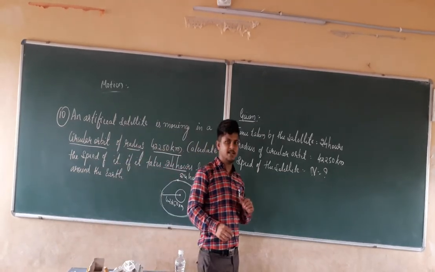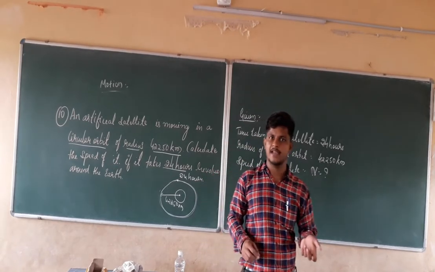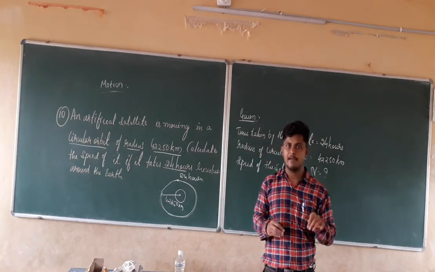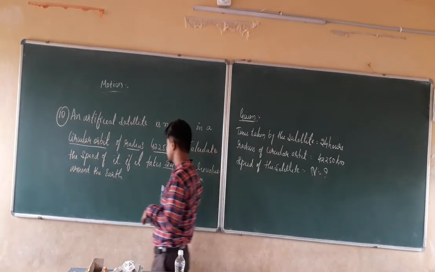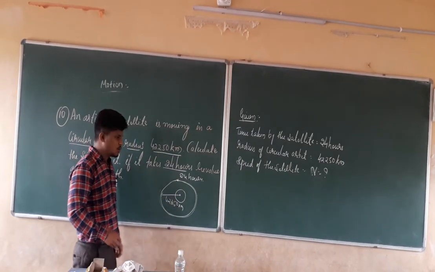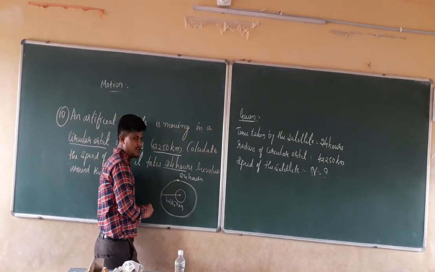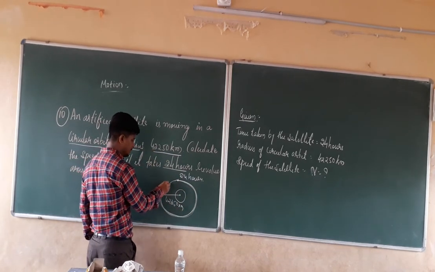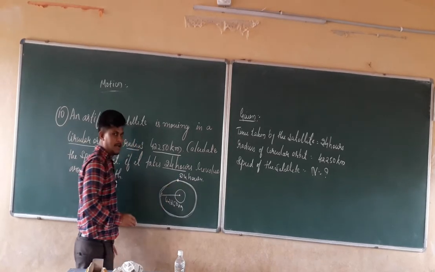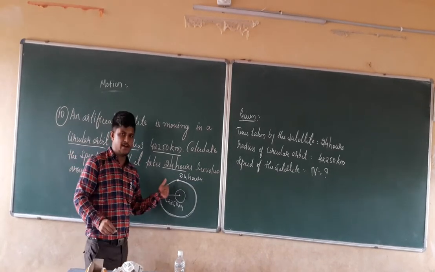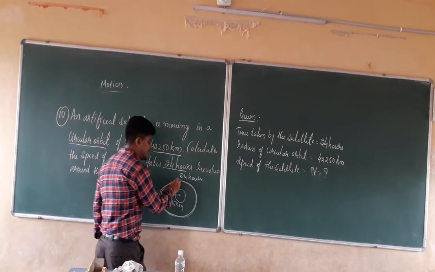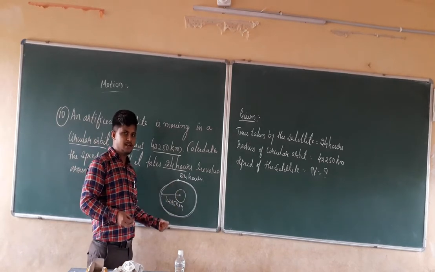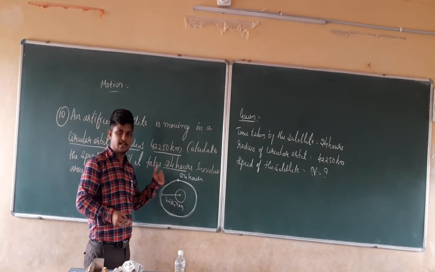If you remember, the speed of the satellite or any object is given as total distance covered divided by time taken. In this problem, the total distance covered from this point is going to revolve around the Earth in the orbit, and it is again going to come back to this point. So to find the total distance covered, we are going to take the perimeter of that circular orbit, that is the circumference.